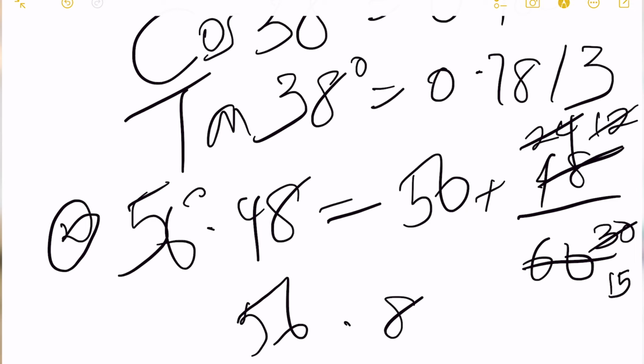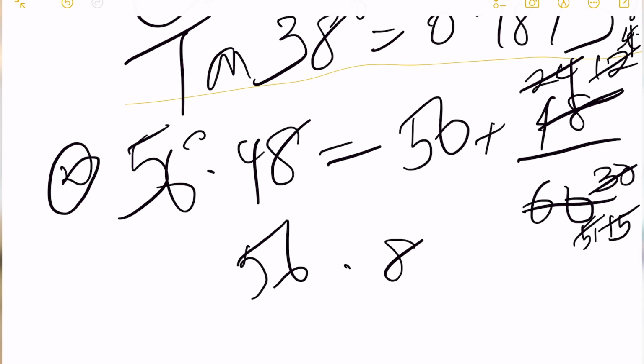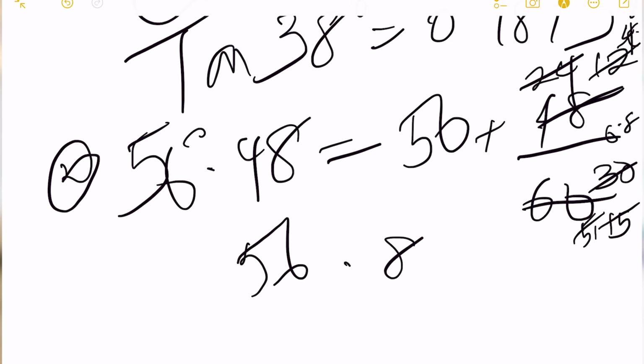We have 3 here to be 4, and 3 here is 5. We have 5 here, one adding 0, we have it to be 8. So that gives us 56.8.